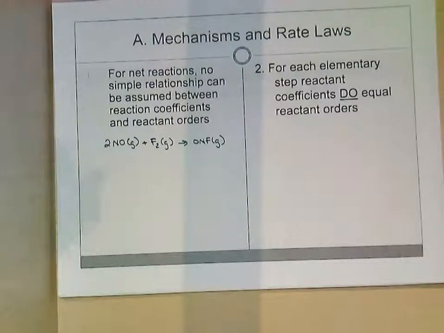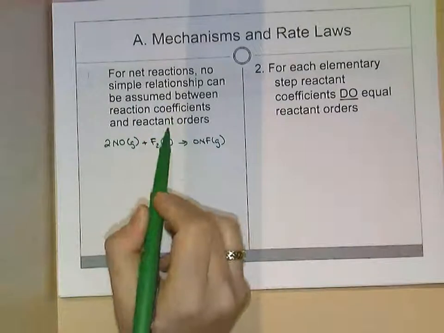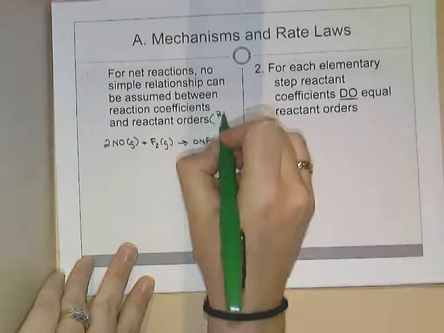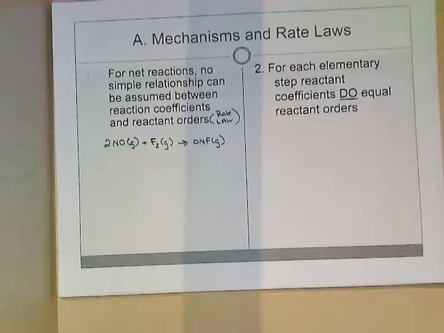Okay, there's the rate equation and there's the rate law. You can give me the rate equation, right? The rate equation is just based on the stoichiometric coefficients. The rate law is based on what? I need to go collect some data. So I cannot make a simple relationship between the coefficient and the reactant orders, which is what we say when we're talking about the rate law, the reaction order, those exponents.